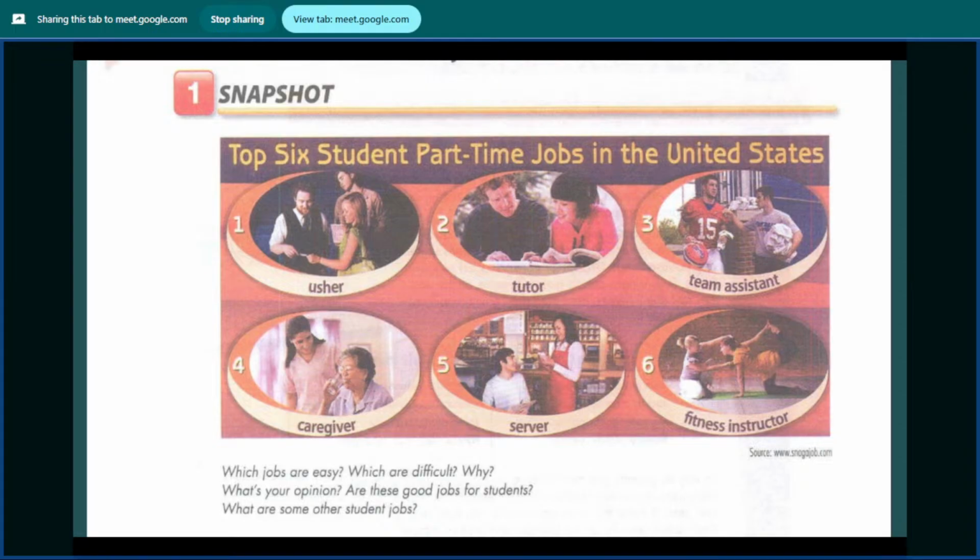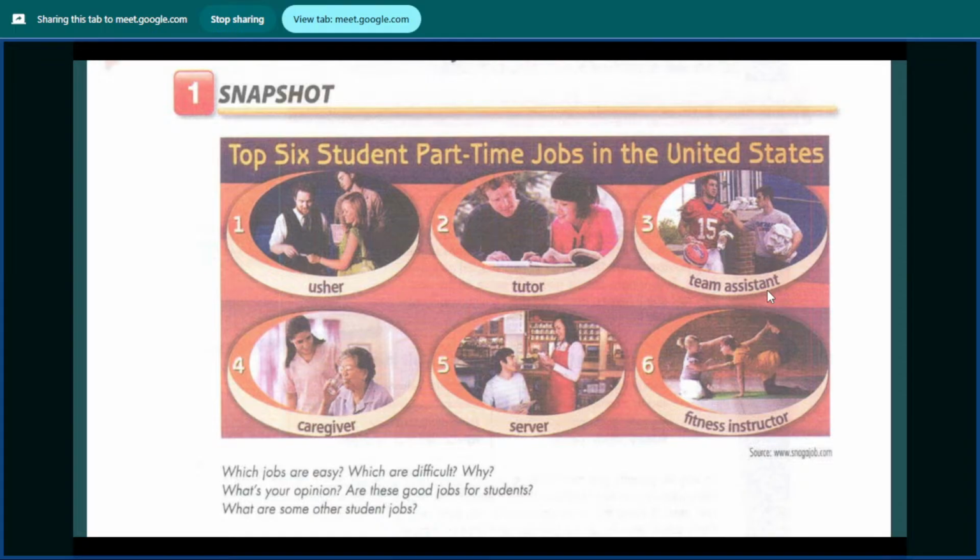Now some of the jobs that students take up are given on the screen. I want you guys to read them one by one. Tejal, start with the first three, and Sampada, you will continue with the last three. Okay, Tejal, you can start. नाही नाही, हे रीड करायचे तुम्हाला. हे रीड करा फक्त नाव.